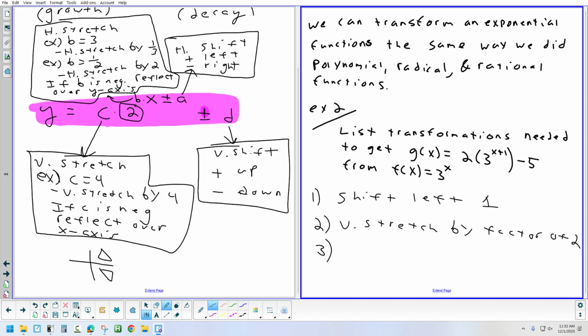It goes down 5. It shifts the whole thing. Shifted down 5. There you go. So there are your 3 transformations. Any question on the transformations? You probably won't have all 6 in the same problem, but you could have 3, you could have 4, but that's generally the most that I do in the same problem.